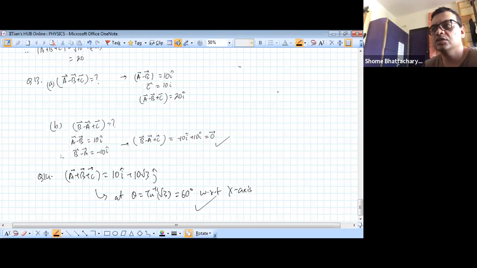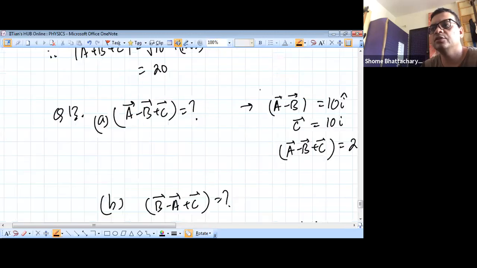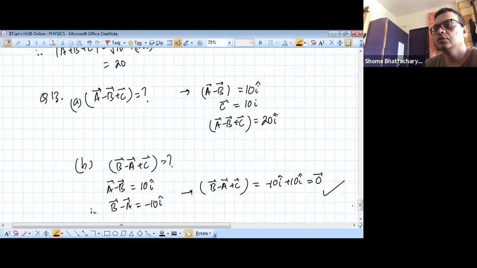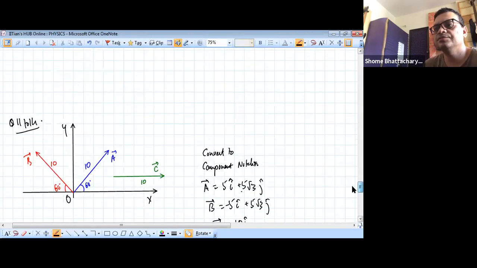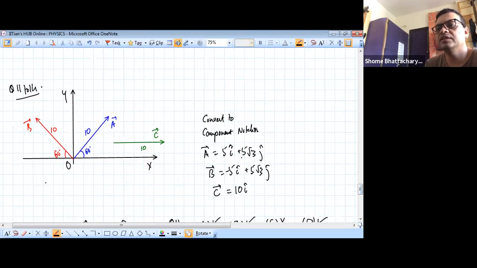Arvinda, how we wrote this is by the component concept, by resolution of a vector into components. If you go back to your first diagram, you can see, for example, the vector E. For vector E, the magnitude is 10 and the angle with the x-axis is 60 degrees. So the x component will become 5, and the y component will become 5 root 3.